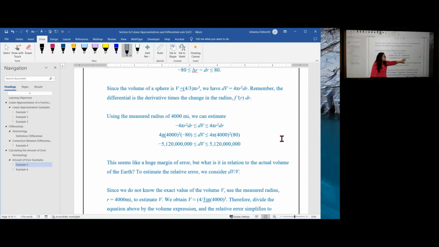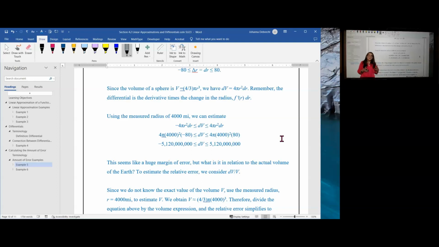If you multiply these numbers out, it looks horrible. This is negative 5,120,000,000 on the left and 5,120,000,000 on the right. The change in our volume is somewhere between those values, which looks ridiculously large.